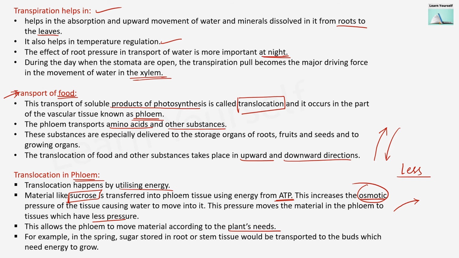So phloem will distribute the sucrose particles to that tissue. For example, in spring, sugar stored in root and stem tissue would be transported to the buds which need energy to grow. So as and when they require energy, this phloem will circulate this sucrose particle to them.